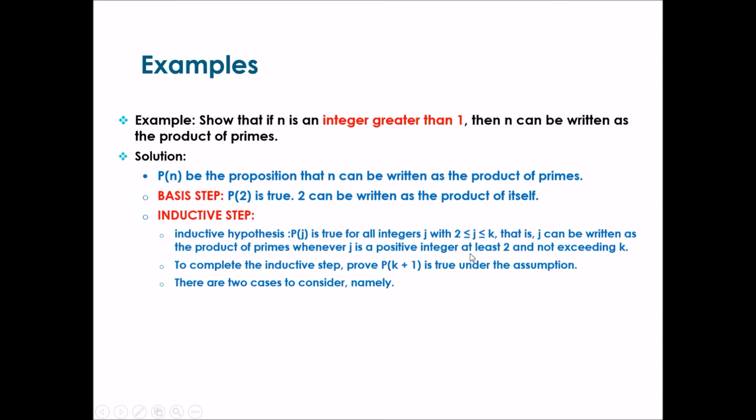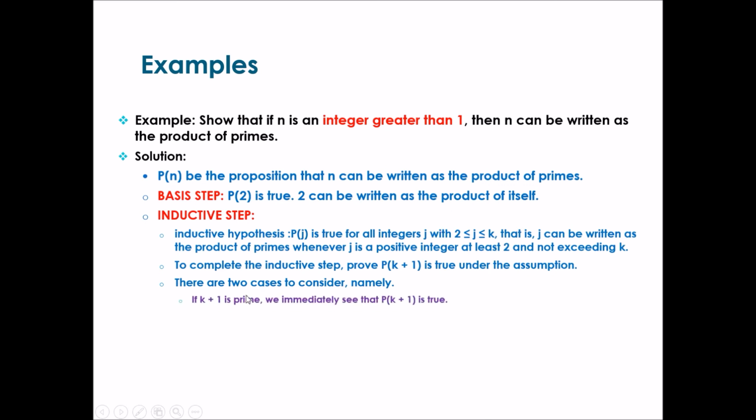So we are assuming here that Pj is true for every j between 2 and k, including 2 and k. That is, j can be written as the product of primes where j is a positive integer at least 2 and not exceeding k, right? Now to complete the inductive step, we have to prove that Pk plus 1 is true under this assumption.